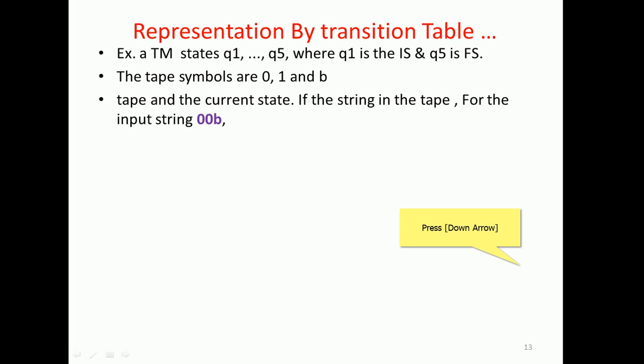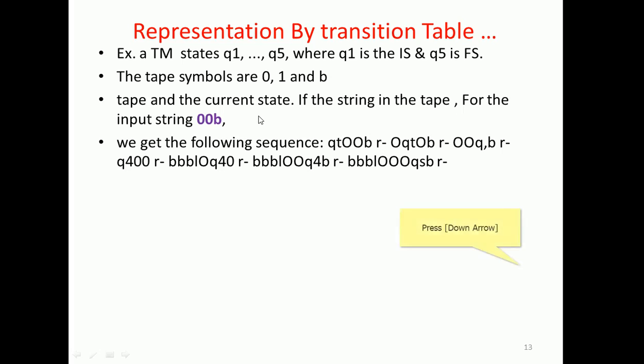So that is one narration by this example, so that further elaboration can be considered, that is, the tape and current state of the input string. The tape for the input string 00B, we get the following sequence of instantaneous descriptions: Q1 00B, then 0 Q1 0B, then 00 Q1 B, then Q4 00, and so on, with blanks, 100 Q4 B, and finally the final state.